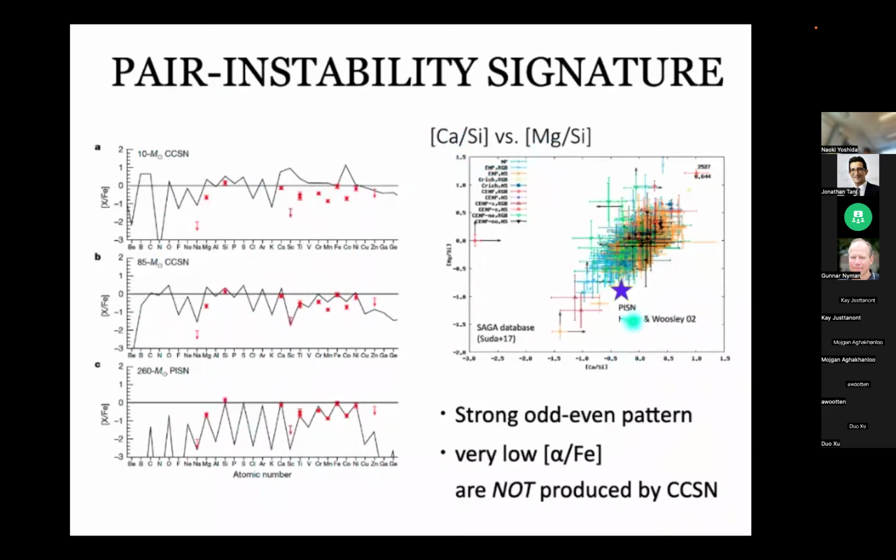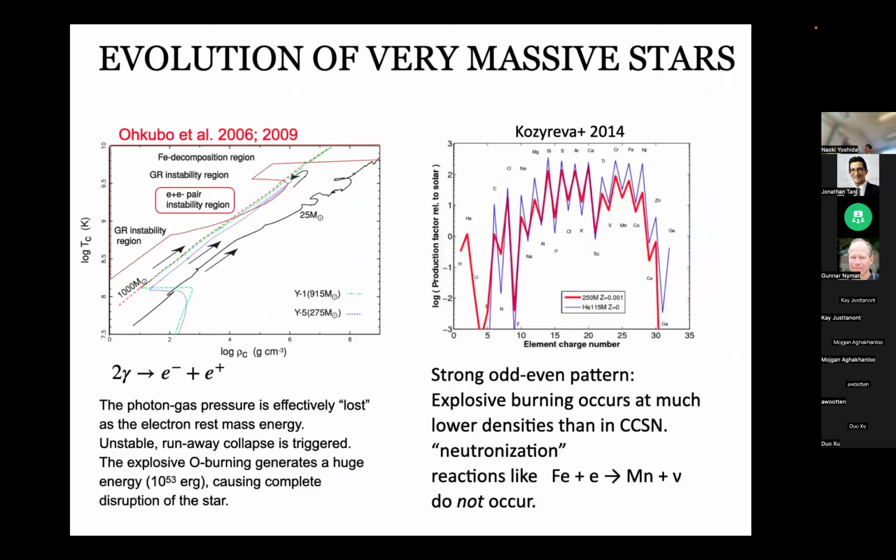It's here, and unlike other similar stars, it is offset a little from the majority. We see this strong odd-even pattern in the abundance of elements and very low alpha element abundance. These are not really produced by core collapse supernovae. I'll explain a little bit of physics.